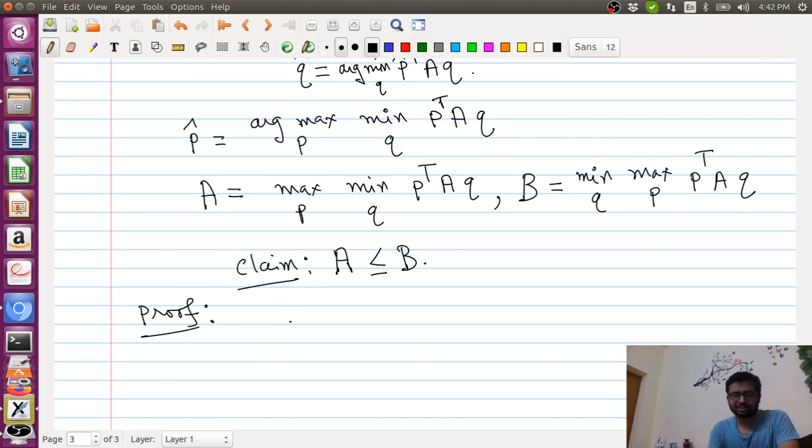So let's consider A. Now let us say if R goes first and C goes second, then the pair of strategies that get chosen are P hat and Q hat.